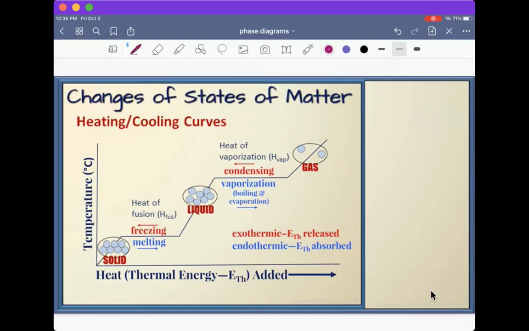So understanding how to read a heating and cooling curve is extremely important, and to be able to articulate what is happening at each point in the graph is also extremely important. So what we're going to do is look at each of these, and I'm going to explain what is going on. You can see it looks like a staircase. It is always going to be in the staircase shape when you look at a heating and cooling curve.